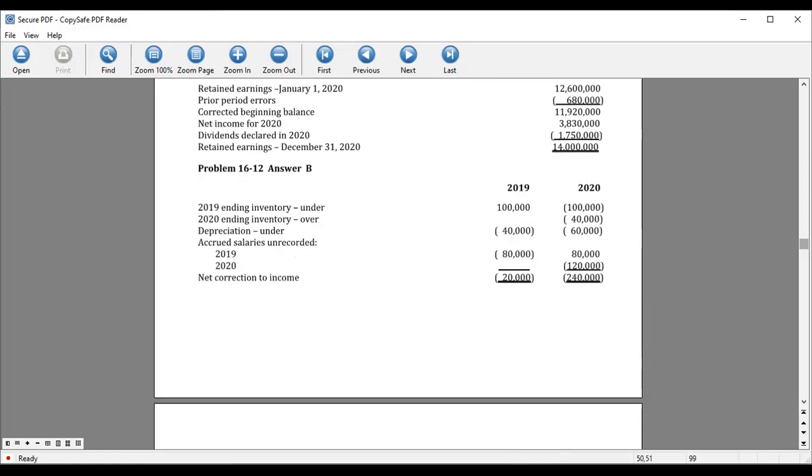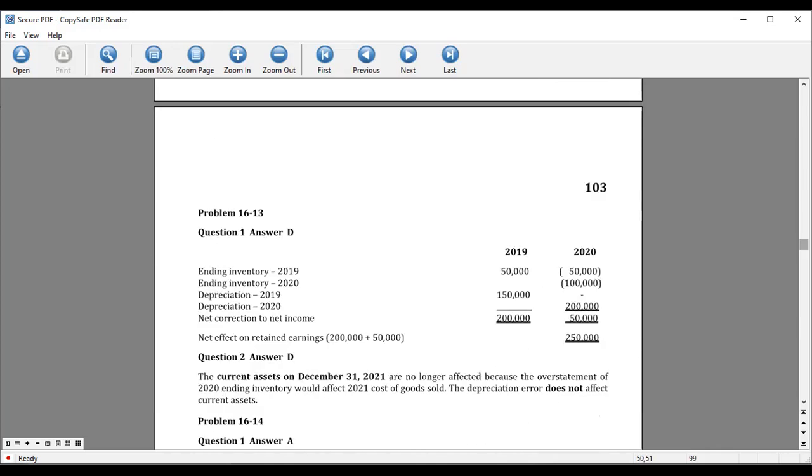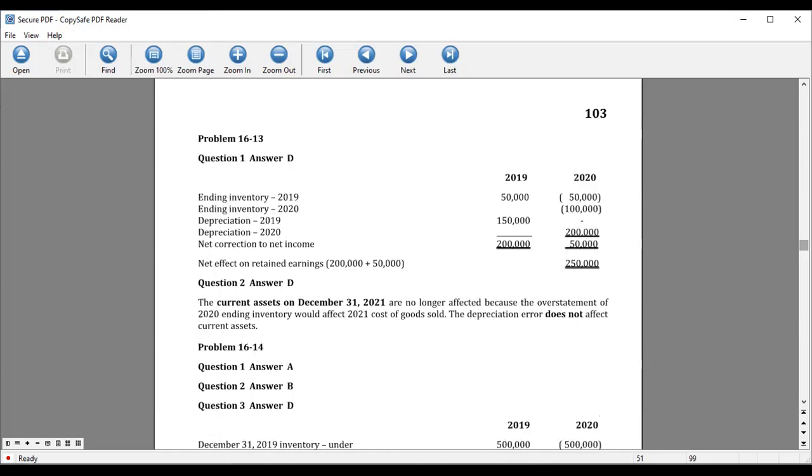So what's important is that you are knowledgeable with regards to this determination. So we have now your 16-13, questions 1 and 2. Net effect of the errors on retained earnings.